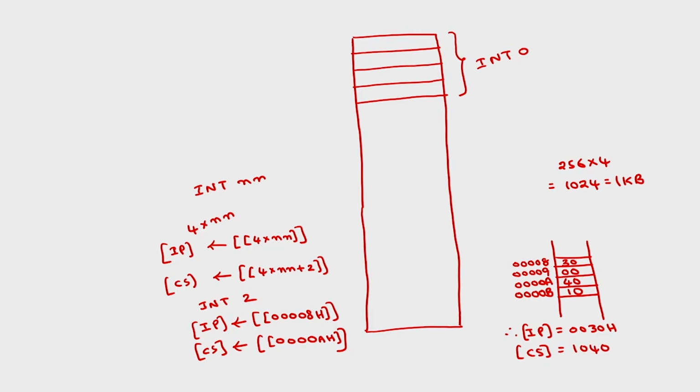So the physical address from where the interrupt branch address will be is in the code segment. Whenever the microprocessor is interrupted, the interrupt service subroutine will be executed. For this INT2, the interrupt service subroutine, I will call it ISS.